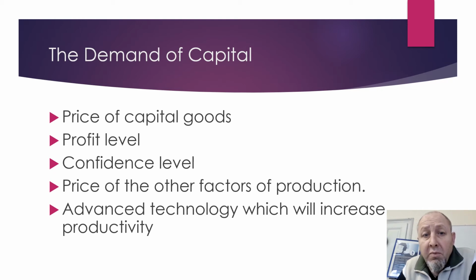Japan, because of the price of labor, would try and mechanize things, even going to the extent of having little robots to do things for them. Very good. Now, advanced technology. At the moment, people are bringing in artificial intelligence and robotics, with the hope that they would increase productivity.